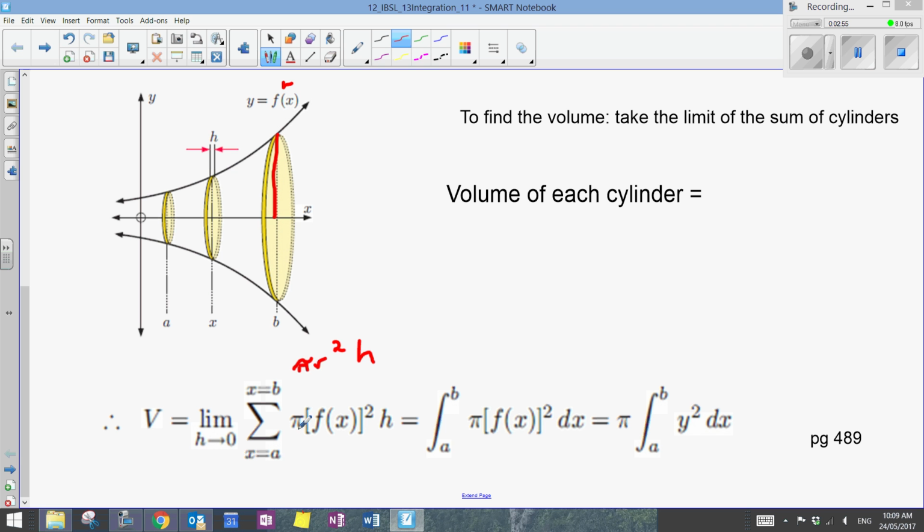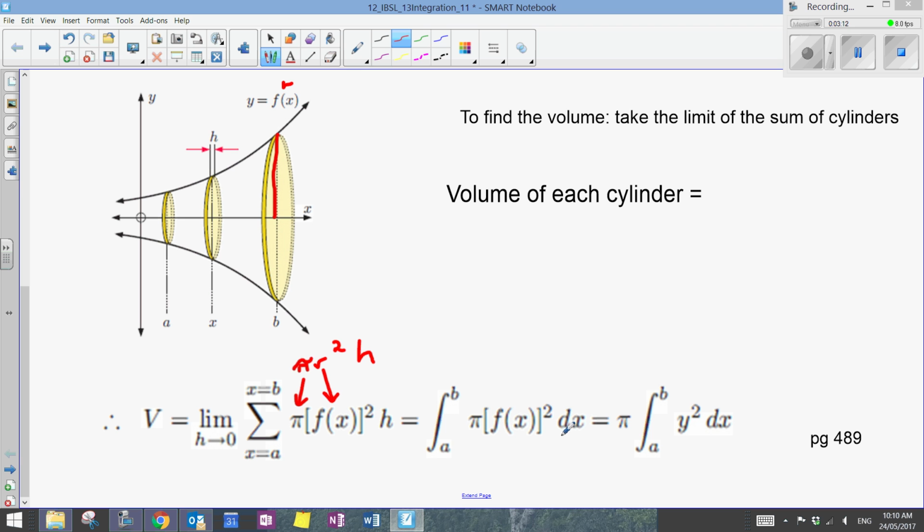The pi remains. Your r is your f of x value, your y value, squared, multiplied by h. But remember, your h goes to 0 because we're adding together infinitely smaller cylinders.